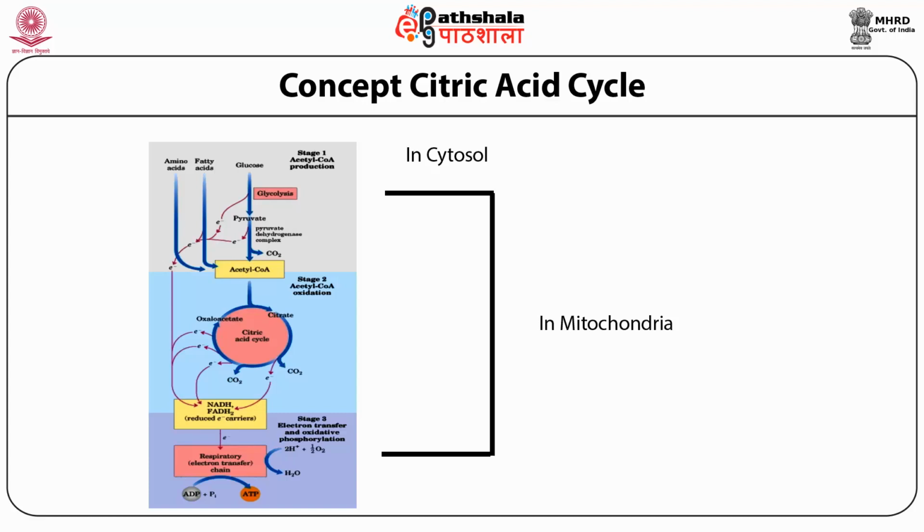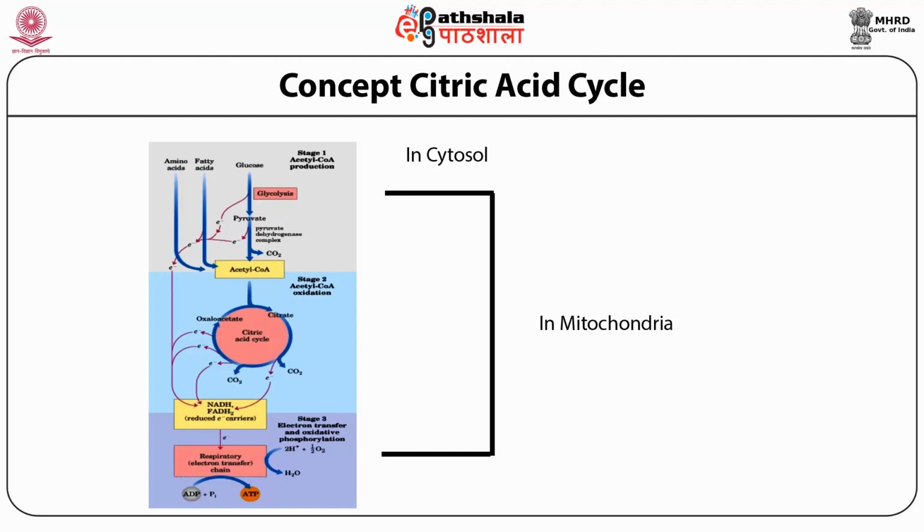Stage 3 of electron transfer and oxidative phosphorylation also takes place in the mitochondrial matrix, where the electron transfer chain results in the production of ATP.